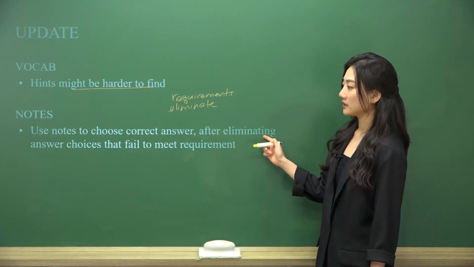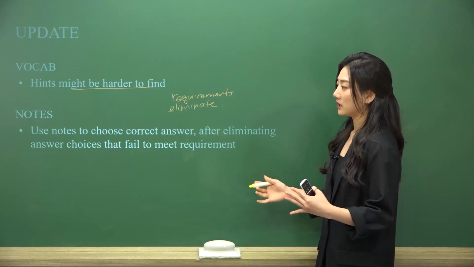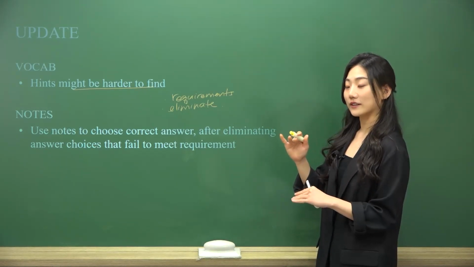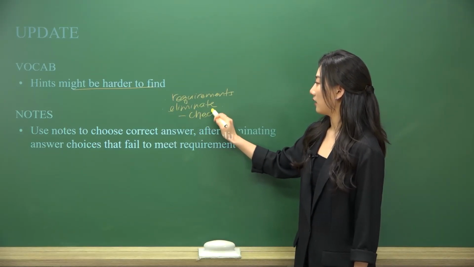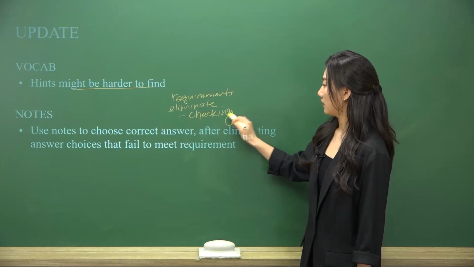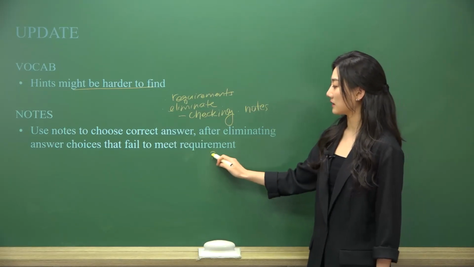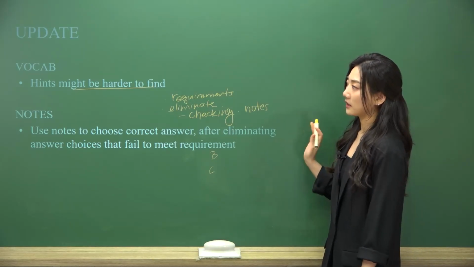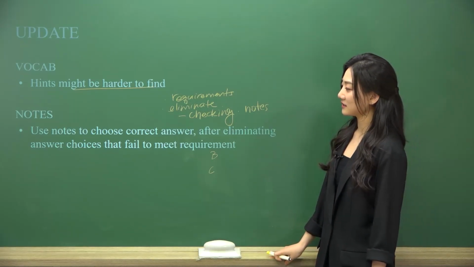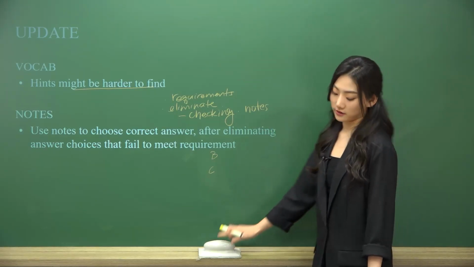But now I did see a couple of questions that require us to choose between the leftover two answer choices by actually checking the notes. The only way that you can determine between B and C, for example, was by looking at the notes. So that's a little bit new for the new practice tests. So keep these 2 facts in mind, and we will go on to number 1.